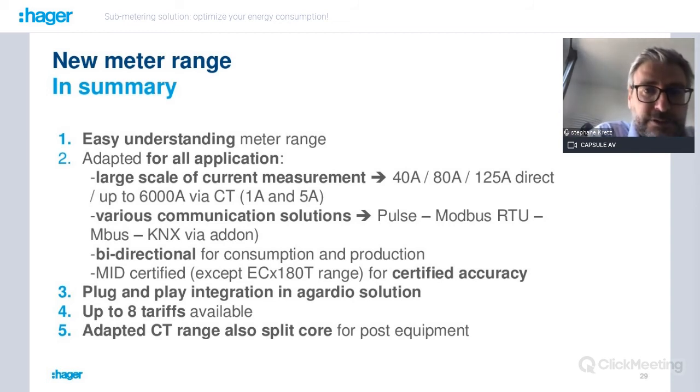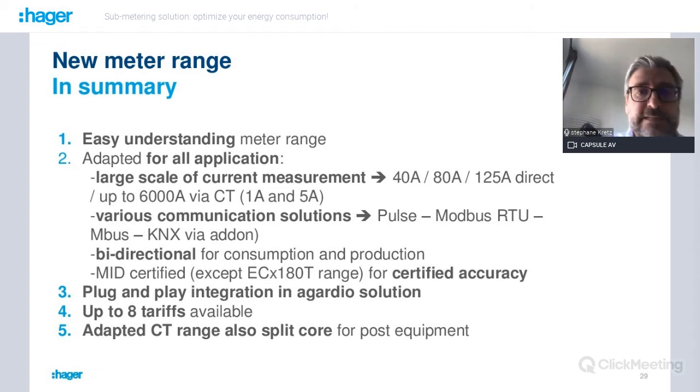And I didn't say it, but you can manage up to 8 tariffs via Modbus communication. For M-bus, it's 4 tariffs that we manage on the communication. For Modbus, 4, and in any case you have the tariff input on the meter that you can use for physical information concerning tariff, and you can also use an input on the communication side, and as I said, up to 8 with Modbus communication.